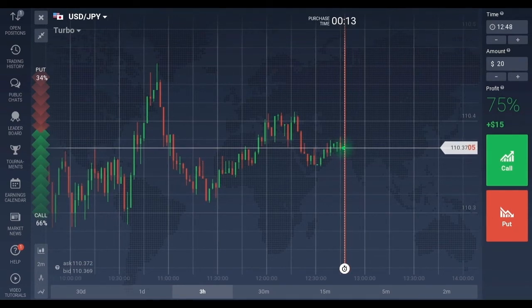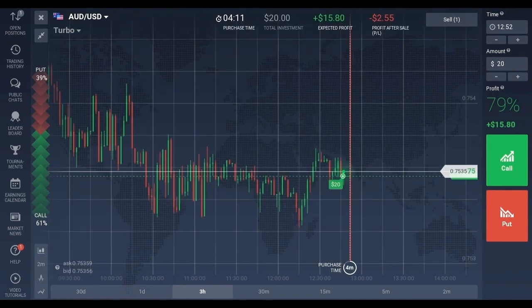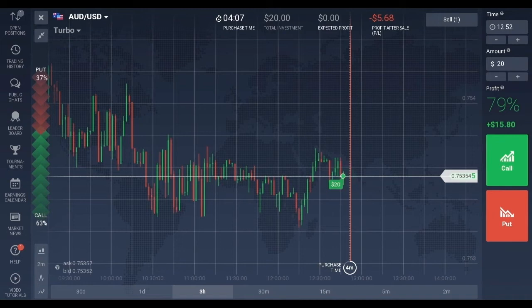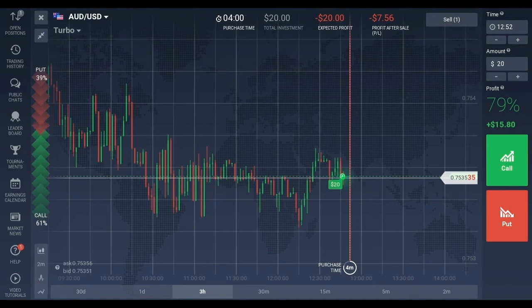We seldom lose more than 2 to 3 trades in a row. We will often have a 4 out of 5 trade session, an 8 out of 10, 9 out of 10. So you don't lose that many trades when you're trading the correct way, which is using price action.